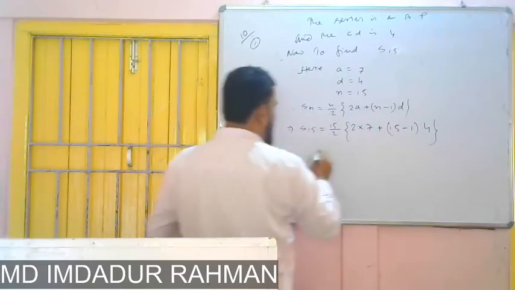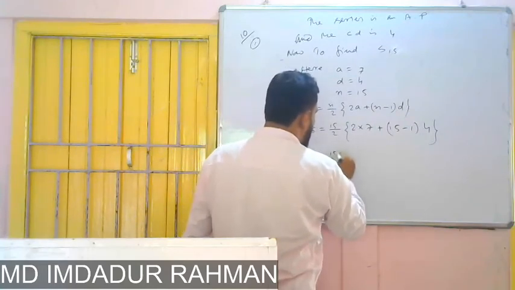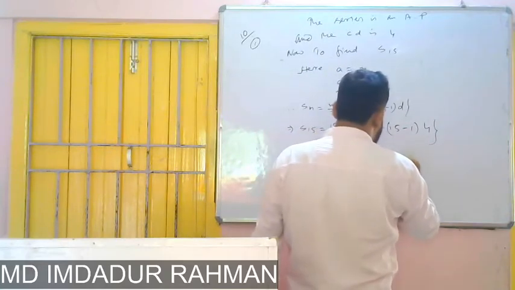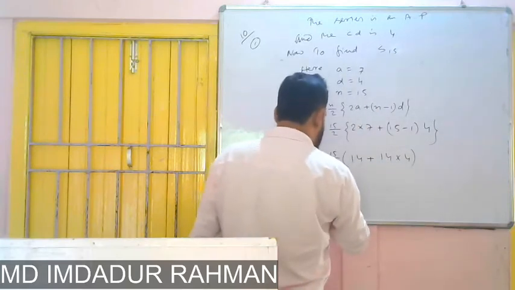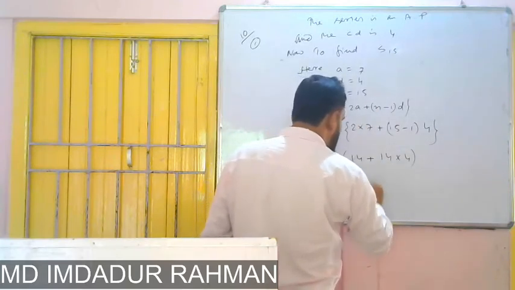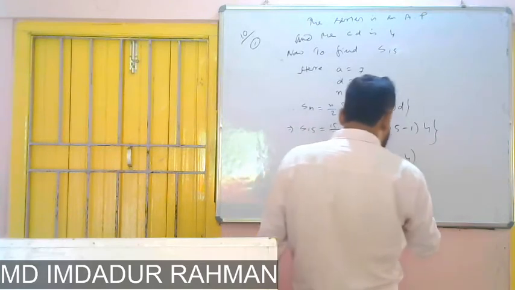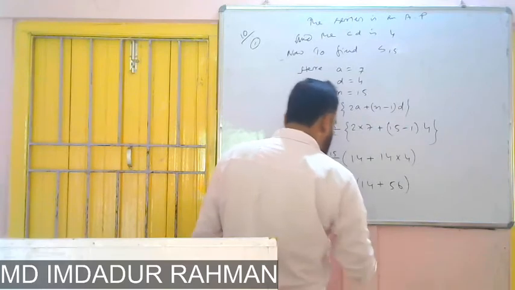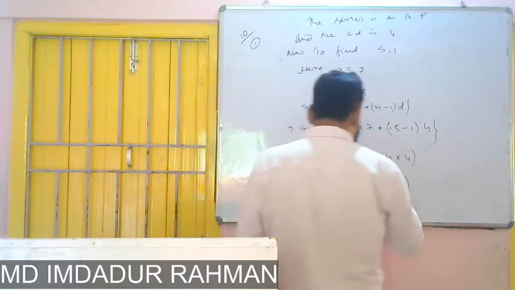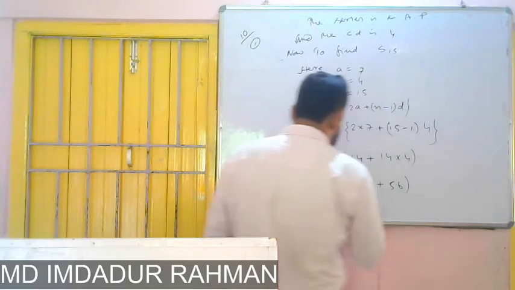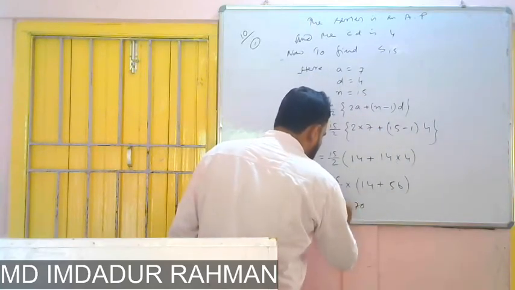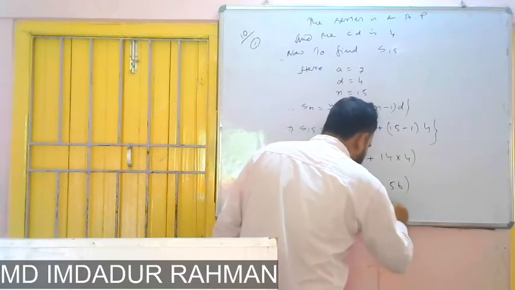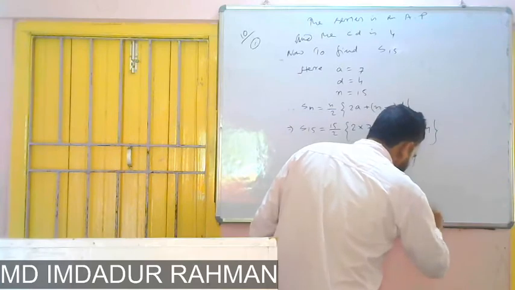So we will get 15 by 2 into 14 plus 14 into 4, that is 15 by 2 into 14 plus 56, which is equal to 15 by 2 into 70. Now reduce it, you will get 35. So 15 into 35.